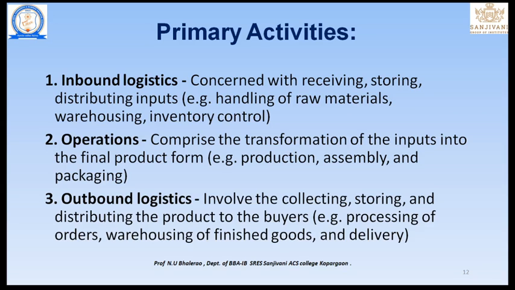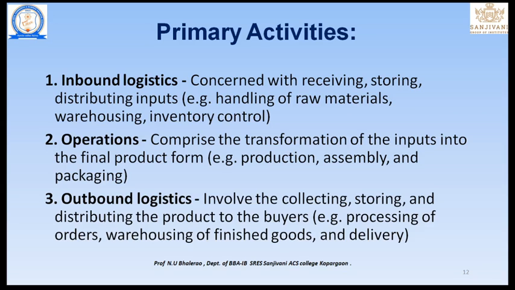Then the next one is outbound logistics. As related to inbound, where we timely provide raw material for the finished goods, in the same way outbound involves collecting, storing, and distributing the product to the buyers. Example: processing of orders, warehousing of finished goods and delivery. So in input we have to provide raw material on time, and in outbound logistics we have to deliver the finished goods at the proper time, in the proper place, with proper management.